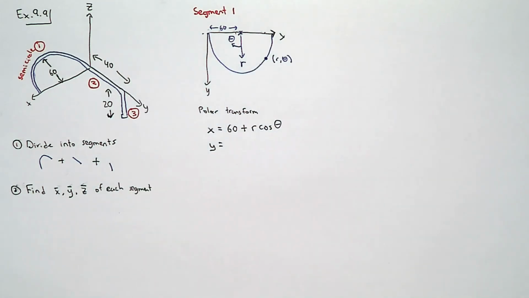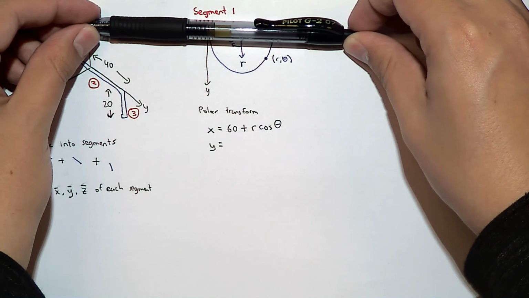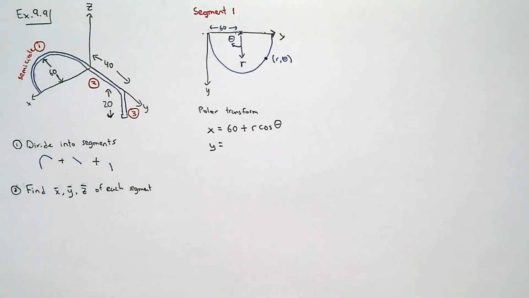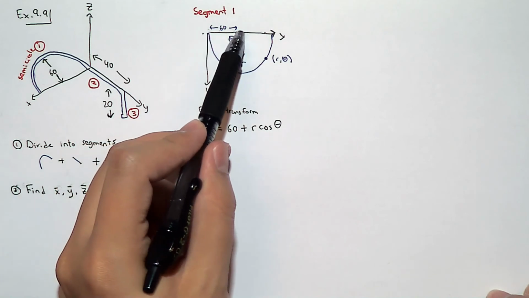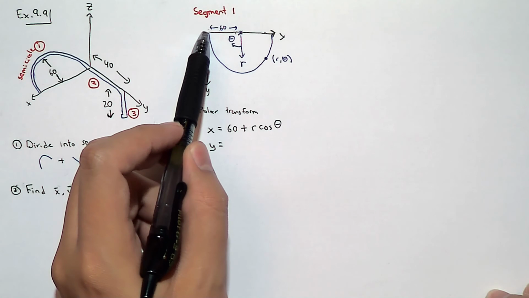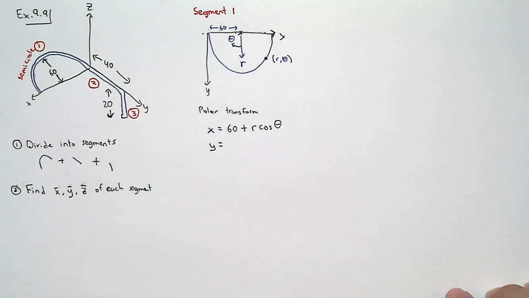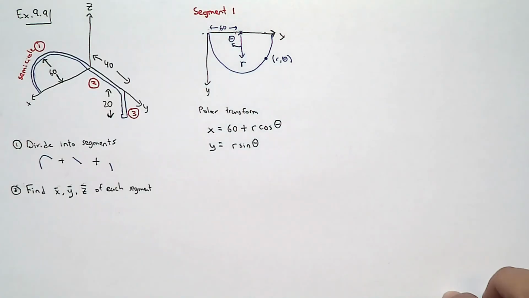So at y equals 0, we have the center of the circle. Remember, when I say that I have a line called y equals 0, it is a line where every point in that line has a coordinate of y equals 0. So if I'm looking at the y coordinate only, this circle actually starts at y equals 0. So I don't really have to do that much here. I can say that y equals r sine theta, but I am missing something. Remember that angles are typically taken to be positive counterclockwise, right?